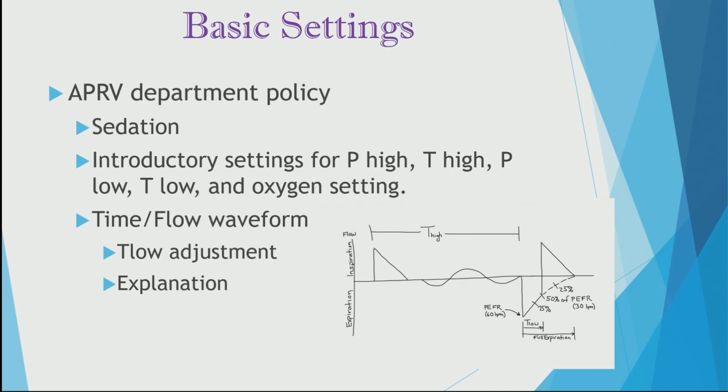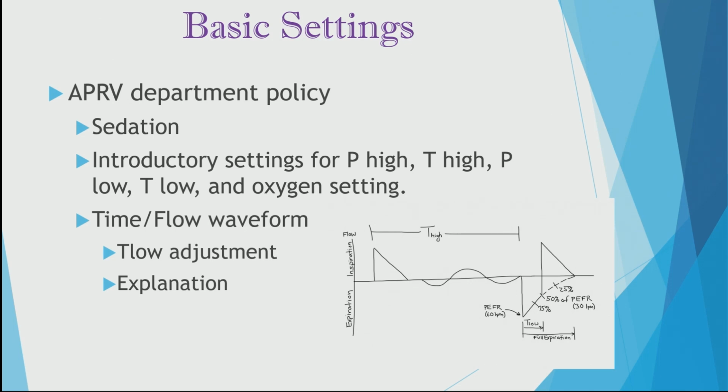That means that if you have the T low set at 0.8 seconds and you see the waveform terminate around 25% of peak expiratory flow, then you must adjust the T low. Which way do you adjust it? You adjust it to terminate quicker.